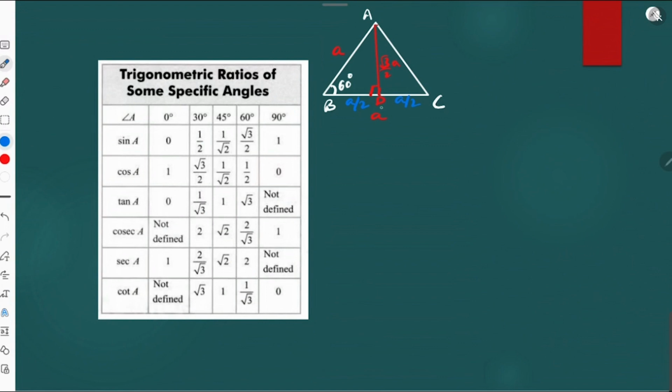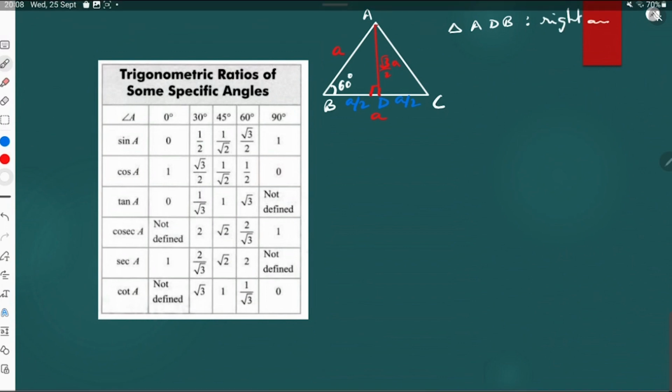When you look at the triangle ADB, it's a right angled triangle.